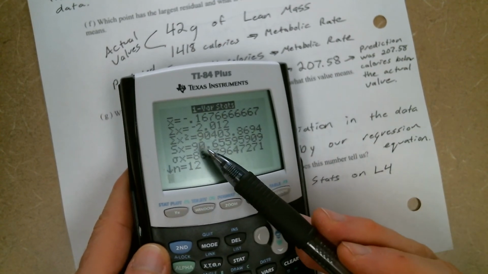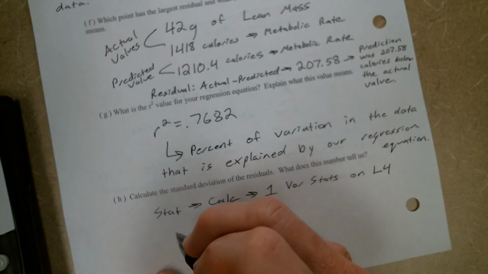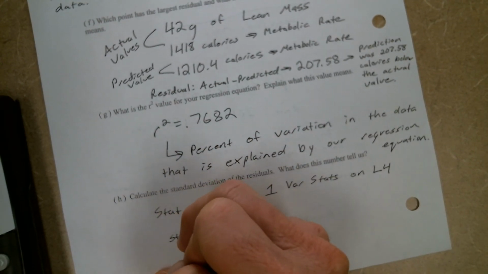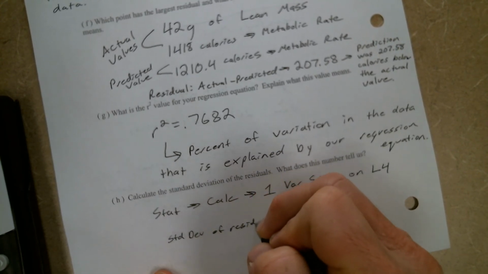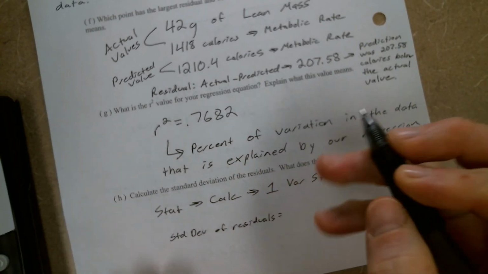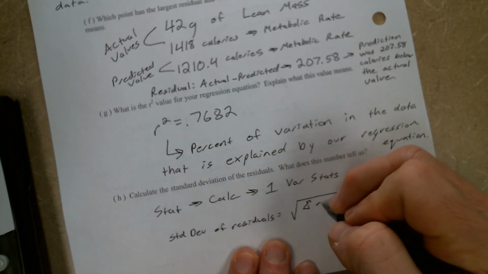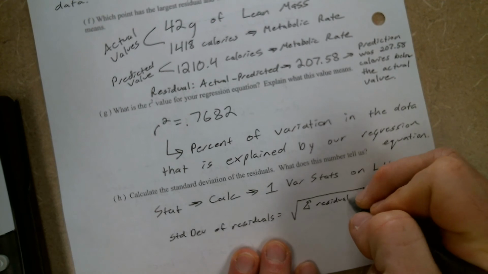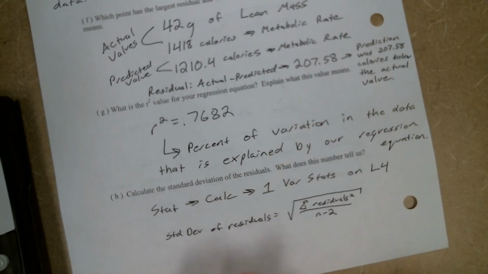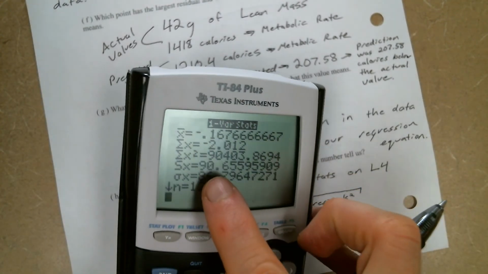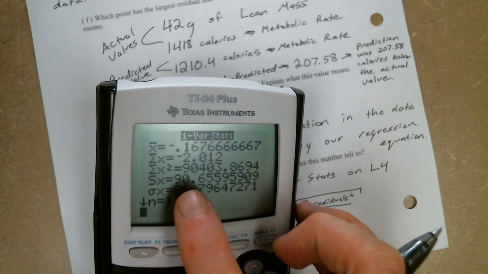Now, unfortunately, we cannot use this 90.65, right? And the reason for that is the standard deviation of residuals equals the square root of the sum of the residuals squared divided by n minus 2. All right, and the value that's showing up in your calculator uses n minus 1, so we cannot use this.